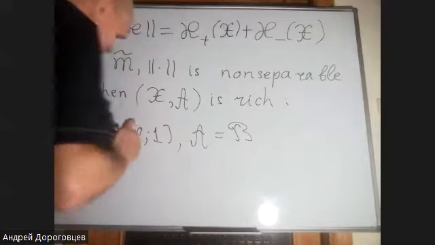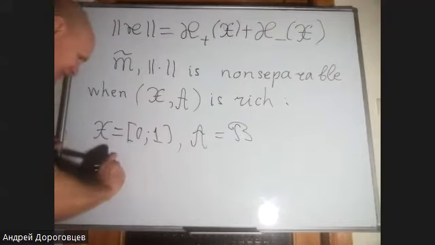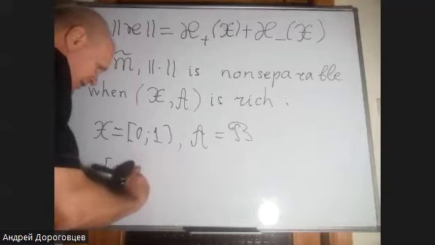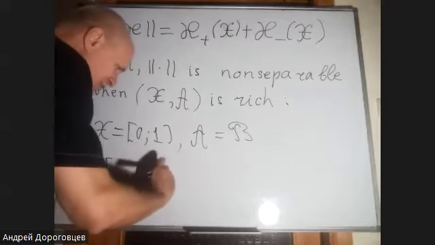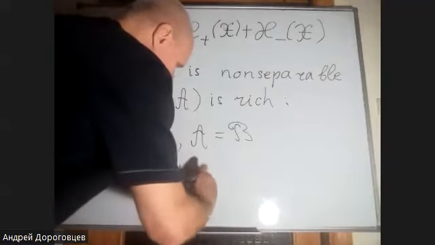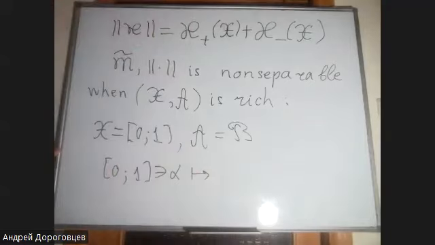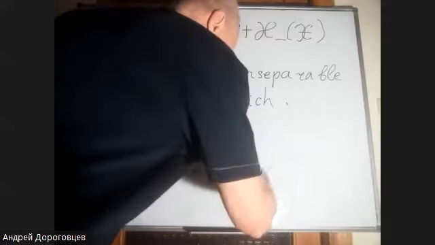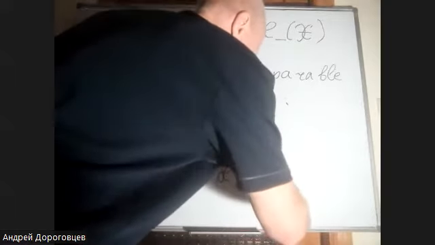Why? For example, one can consider such a family. Again, I will take alpha from [0, 1] and put into correspondence to this alpha the element kappa alpha, which is simply a delta measure concentrated at alpha.